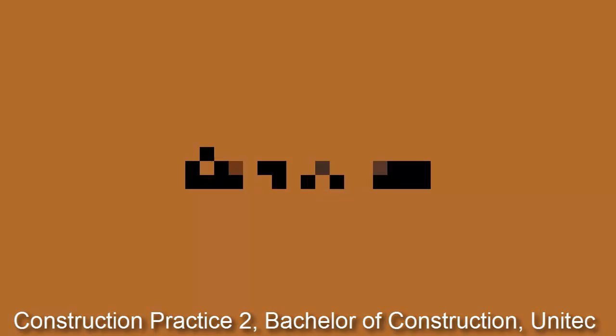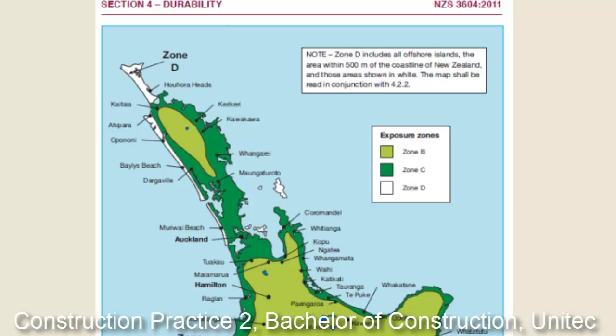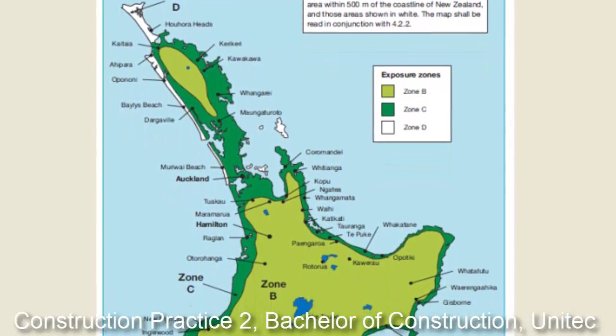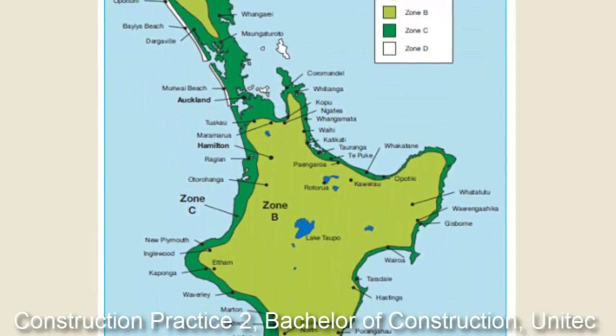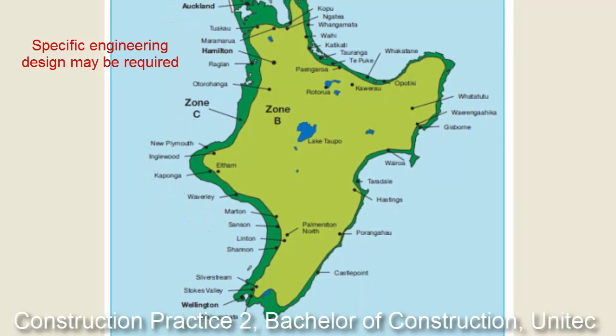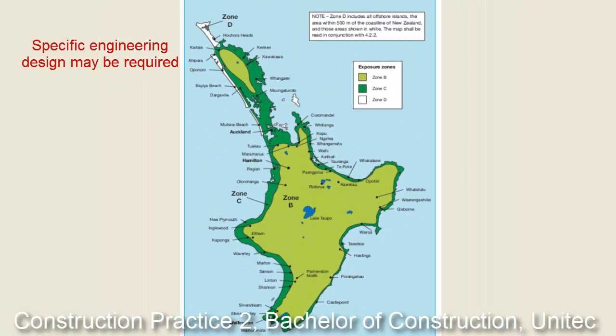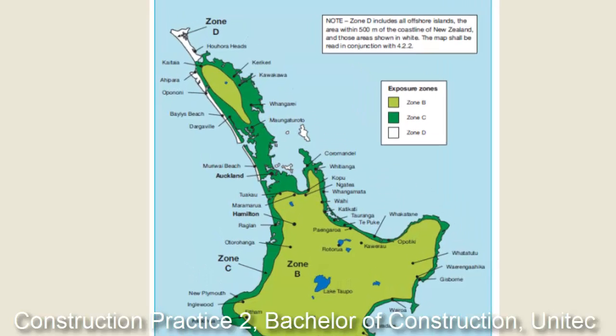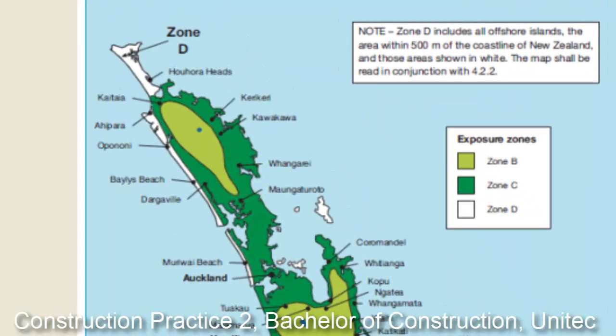Corrosion and durability is something else we're going to be looking at with this topic. New Zealand is divided into 3 exposure zones depending on the severity of the exposure to wind-driven sea salts. So buildings outside the scope require specific engineering design. You can see on this map here from 3604 that the different shaded areas relate to the zone that it's in.